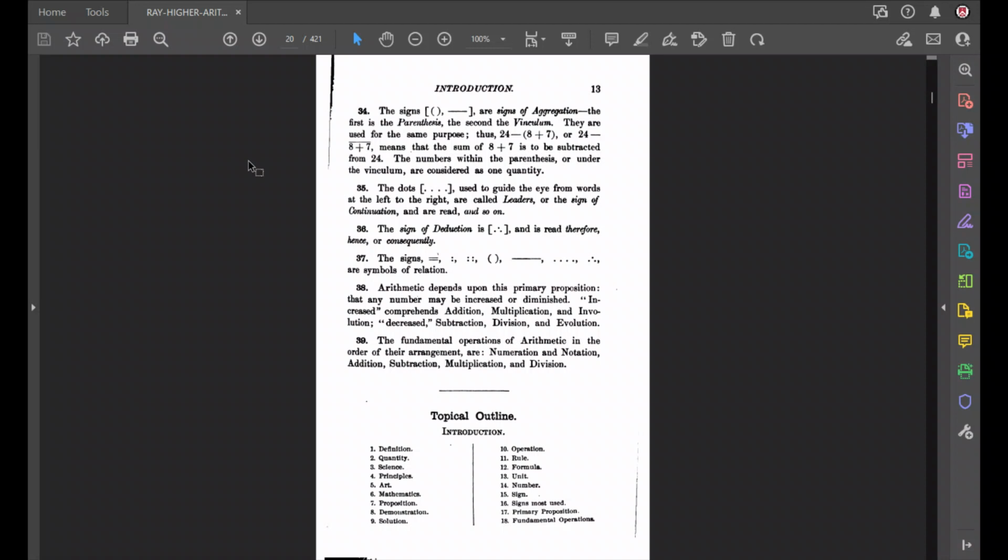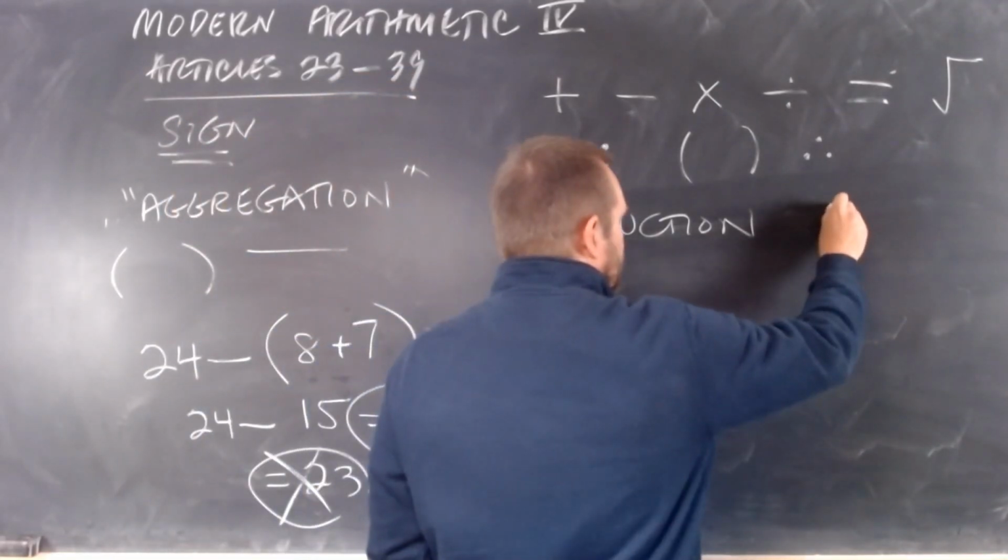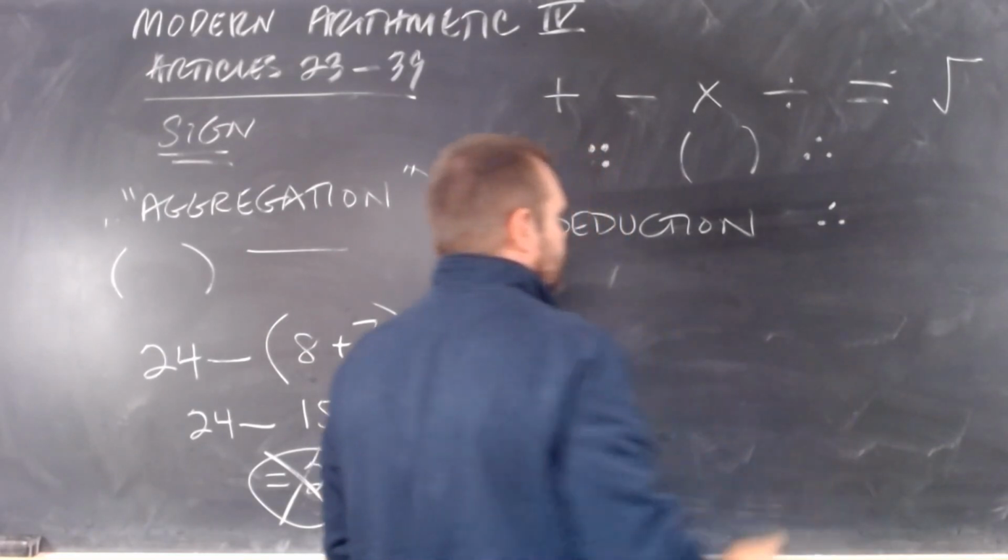The sign of deduction is read therefore. It gives some other possible translations of the sign, but you just need to learn therefore. Okay? These 3 dots, the sign of deduction, means therefore.